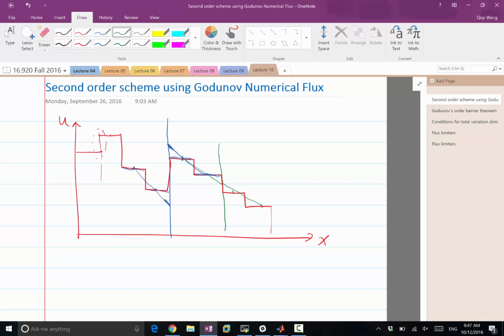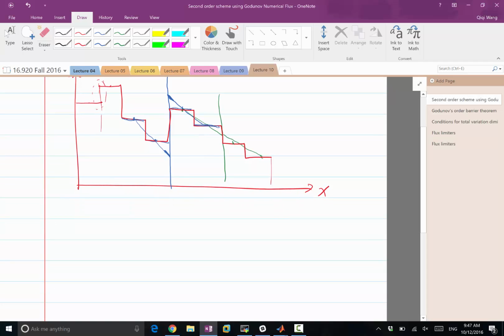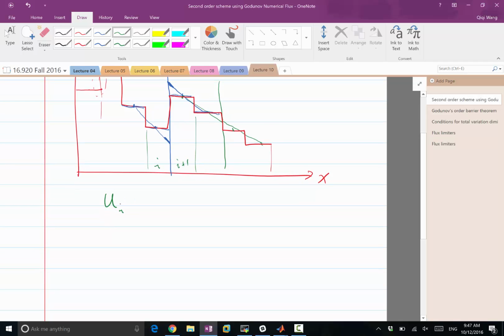Okay, so this is the approach we are going to be using here. We are constructing U. Let's say this is the ith cell average, and this is the I plus 1th cell average. We are going to reconstruct U at I plus half on the left using information on the ith grid point and I minus 1th grid point.